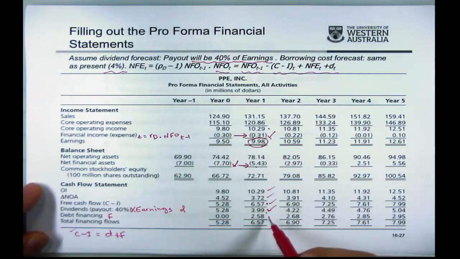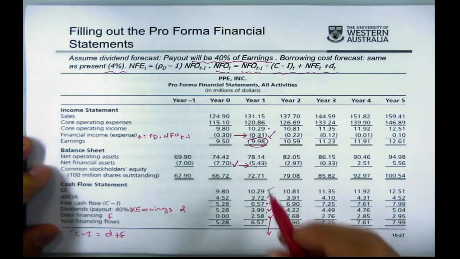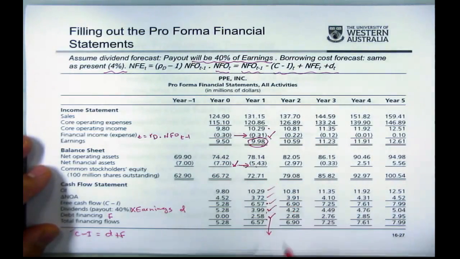Alternatively, F can be calculated as NFO in this year, which is 5.43, minus 7.7, keeping the negative sign here.